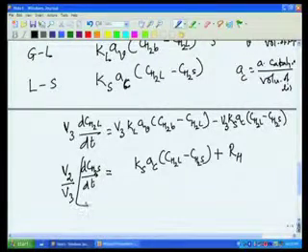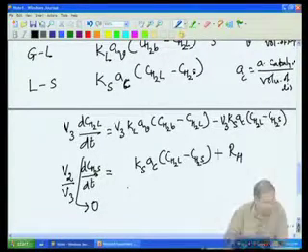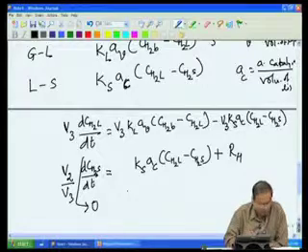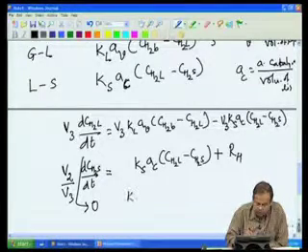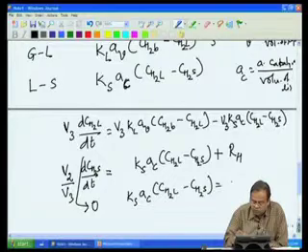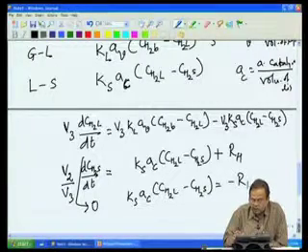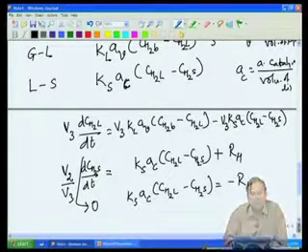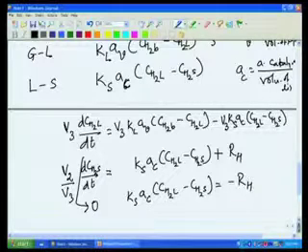So, we can assume that this is close to 0, and the rate of mass transfer Ks AC into (CH2L minus CH2S) must be equal to minus RH.